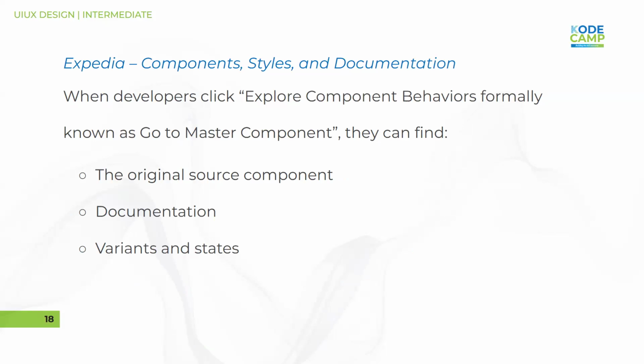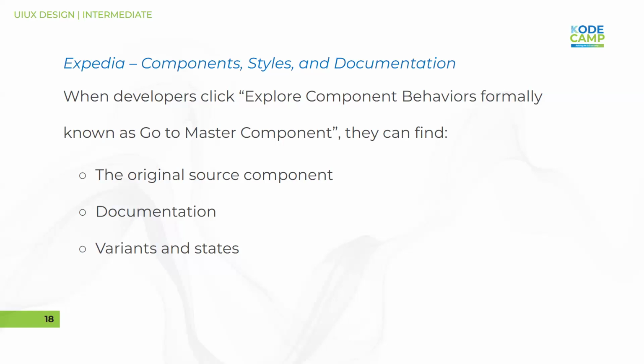In dev mode, you have this section called explore components behavior, which was formerly known as go to master components. When a developer clicks on this, they can find the original source components, and also the documentation, variants, and states of those components.